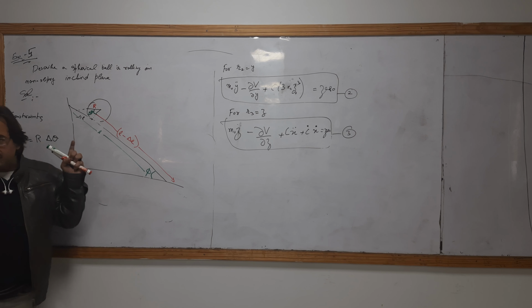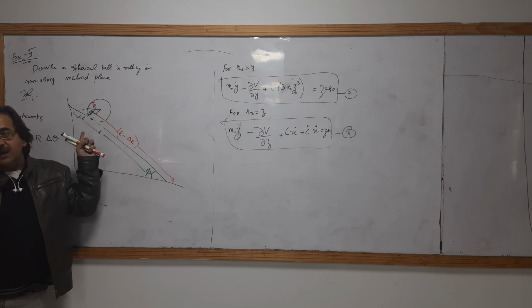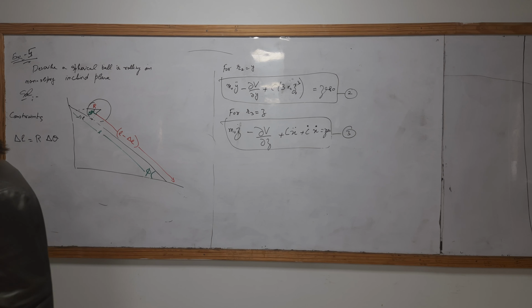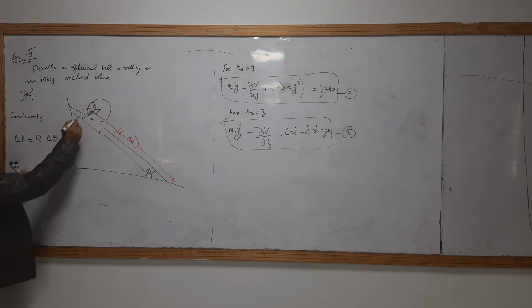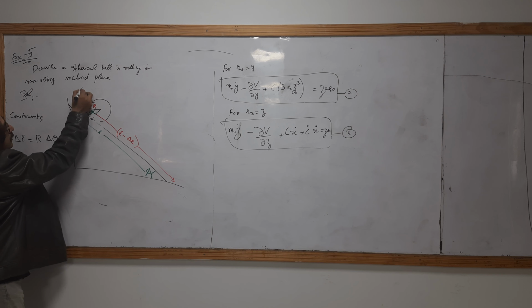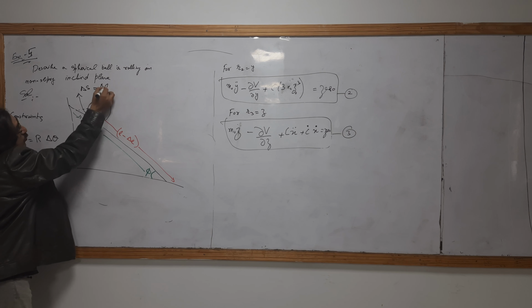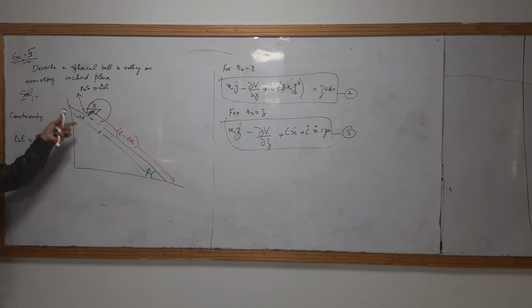You must know how this equation comes. Mostly students draw a very wrong picture, so try to understand the concept of this picture. Why is delta L equal to R delta theta? Because this is the displacement delta theta, and this arc length will be equal to this displacement. This is delta S, and delta S will be equal to delta L, because when it rolls it covers this distance.